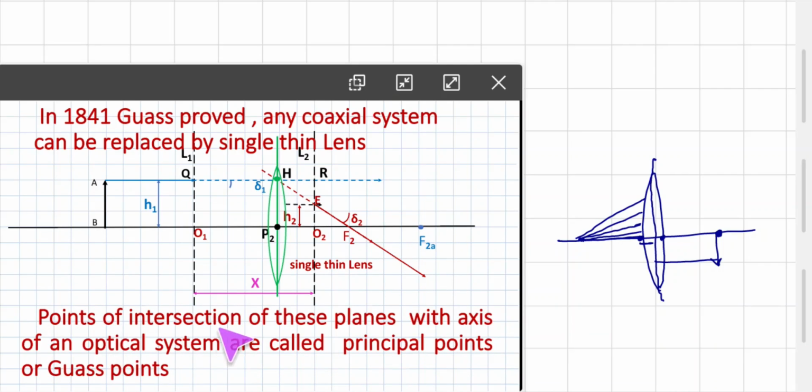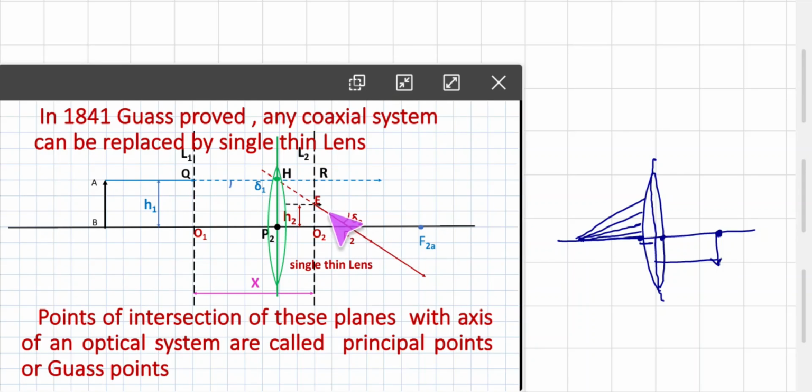See, points of intersection of these planes with the axis of an optical system are called principal points. So first principal point, which we already saw: when a ray is refracted from the first lens, it bends towards this, and again it bends.